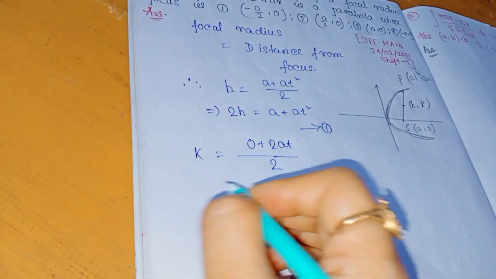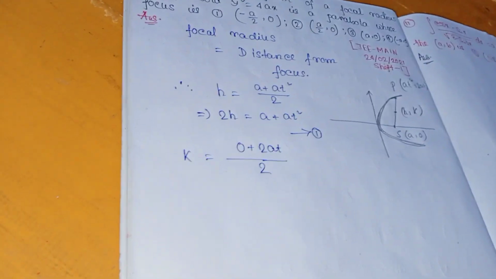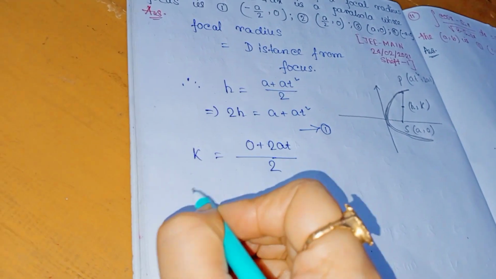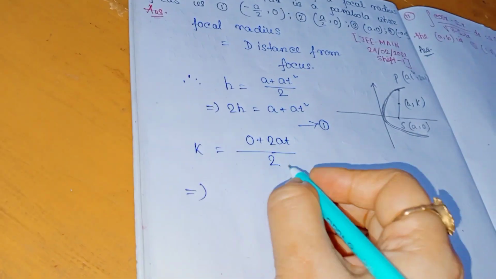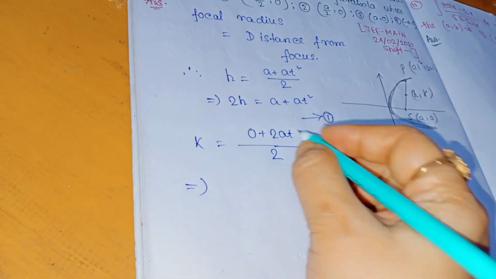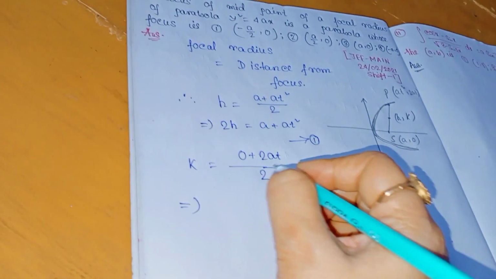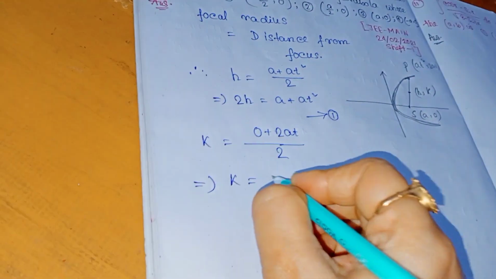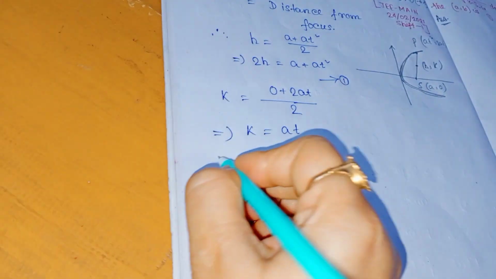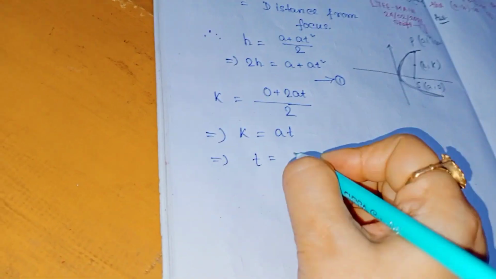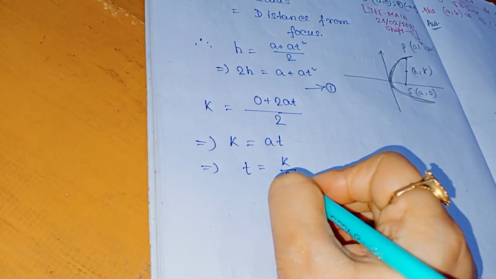So k is equal to 2at by 2, and the 2 and 2 cancel off. So k is equal to at, and t is equal to k by a.